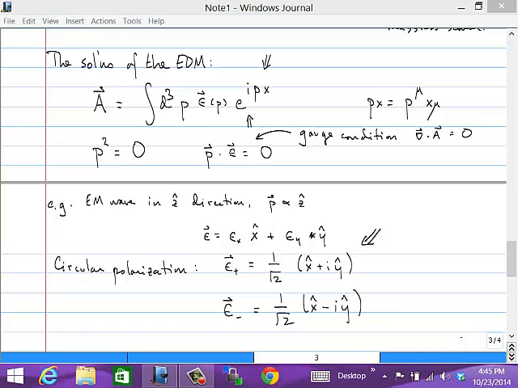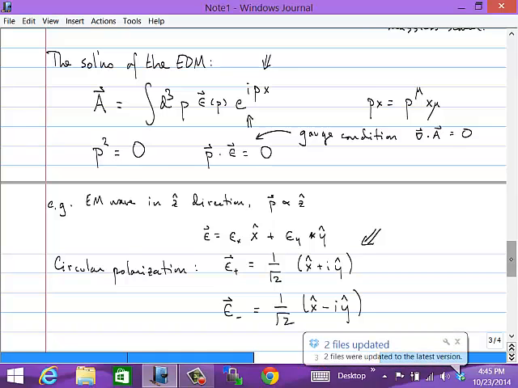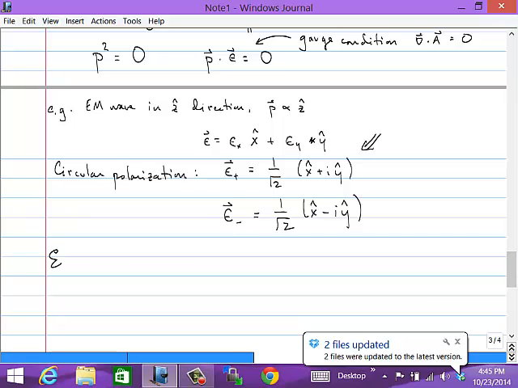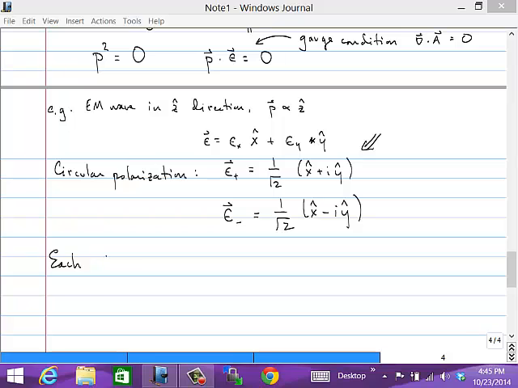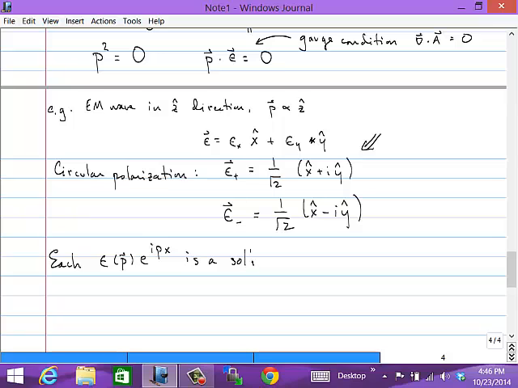But the point is that we now have a complete basis of the solutions to the equations of motion. So each epsilon times e to the ipx is a solution of Maxwell's equations, just like the plane waves of a scalar field.